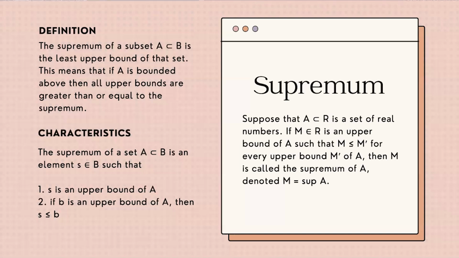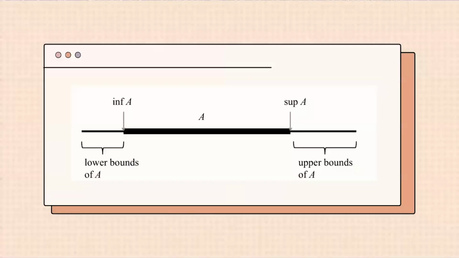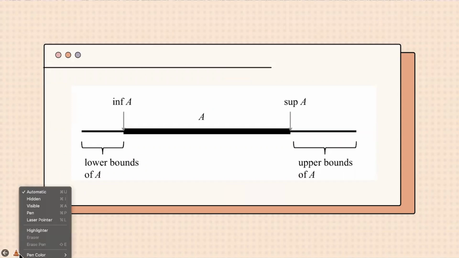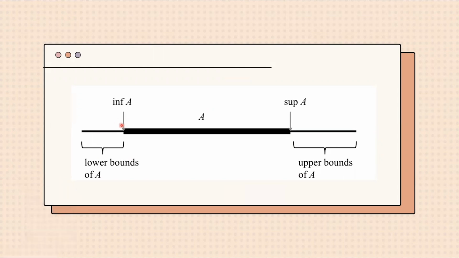Okay? That's your supremum. So if we draw infimum, supremum, lower bounds, and upper bounds, we have this. So notice, I hope you can see my laser pointer. Notice here, this is your set A. The lower bounds of your A are these values over here. These are called lower bounds.